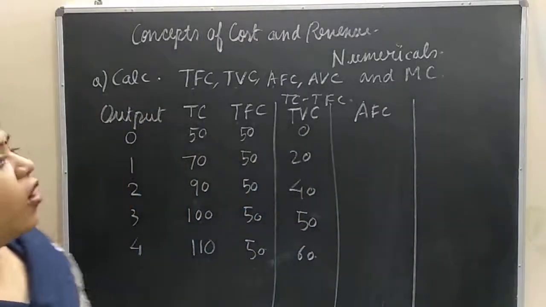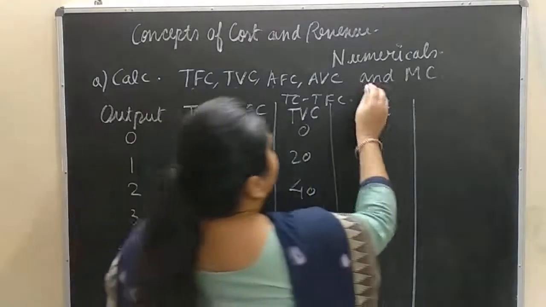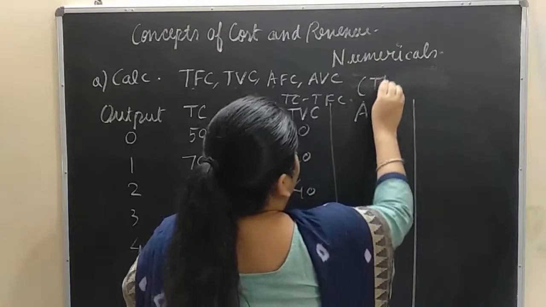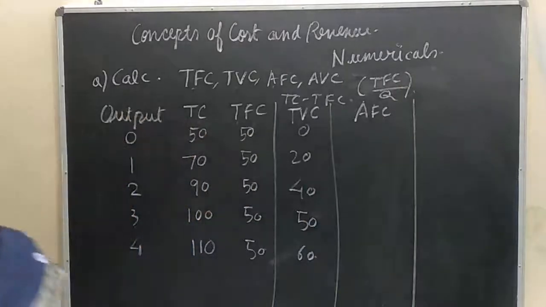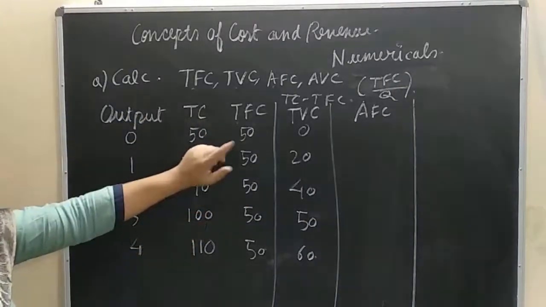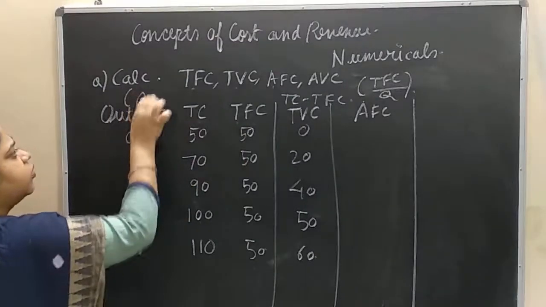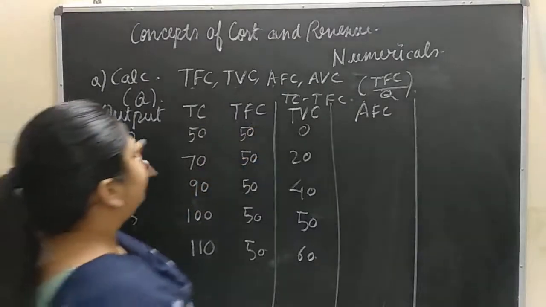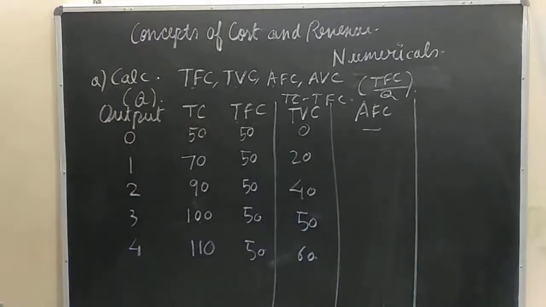If you remember, the formula of AFC is TFC divided by Q. So this is my TFC column, this is my Q column. Output also means Q. 50 divided by 0, we are leaving it blank. At 0 output we will leave AFC blank.